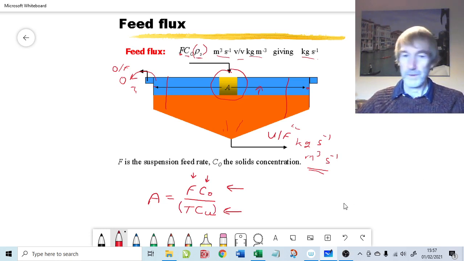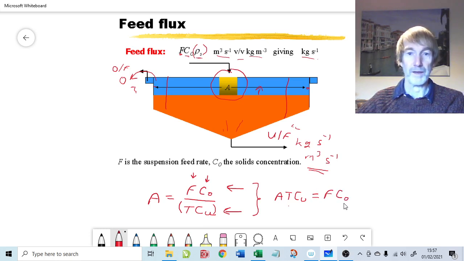And that's actually really just a mathematical statement of what we've been talking about. All the solids have to go through the underflow. So that's the solids meters cubed per second in the underflow, and that's the solids meters cubed per second going into the thickener.